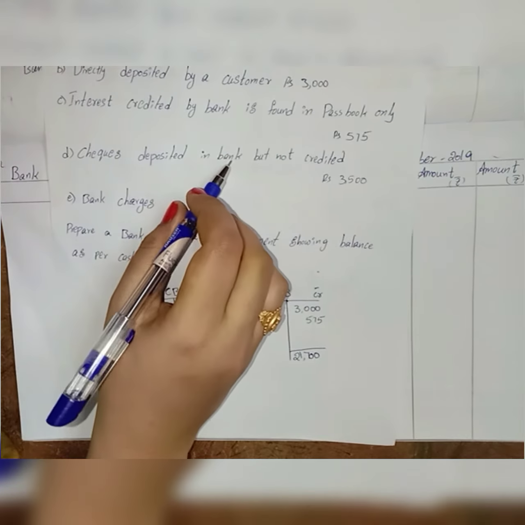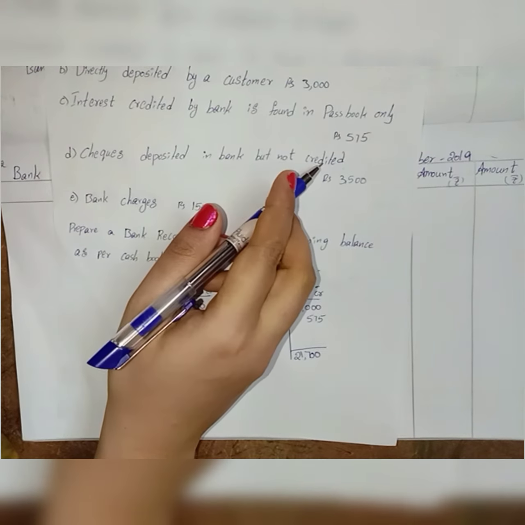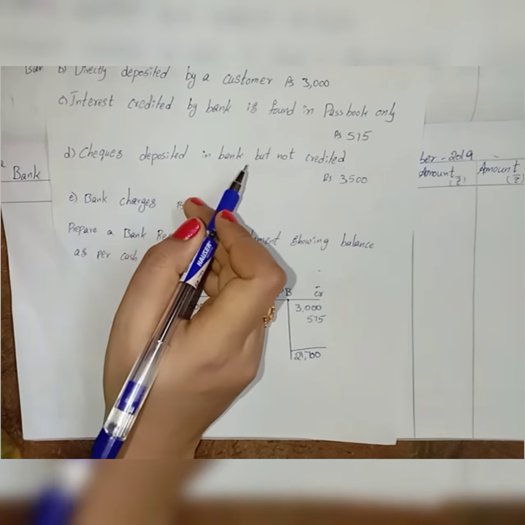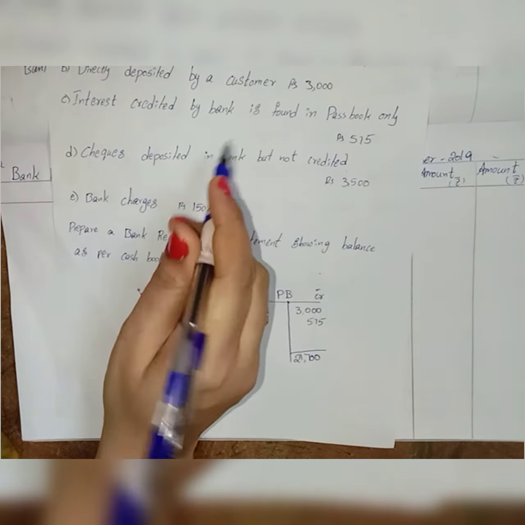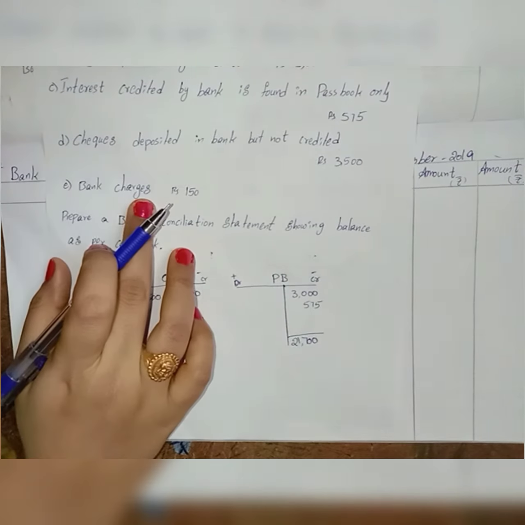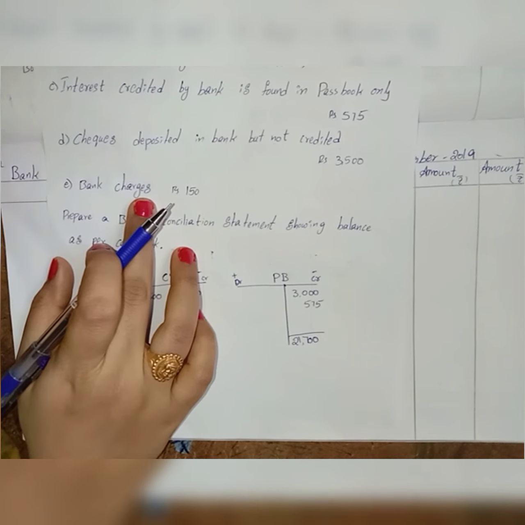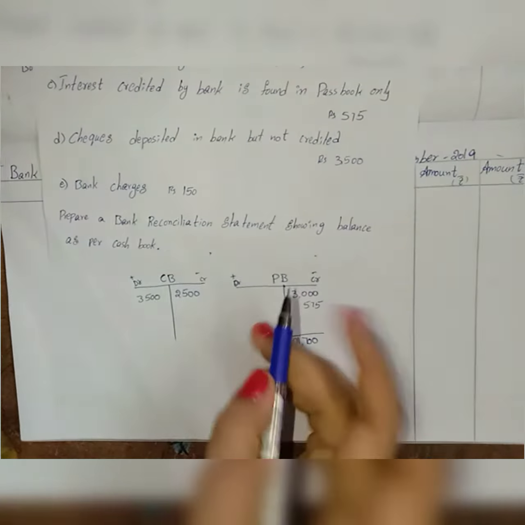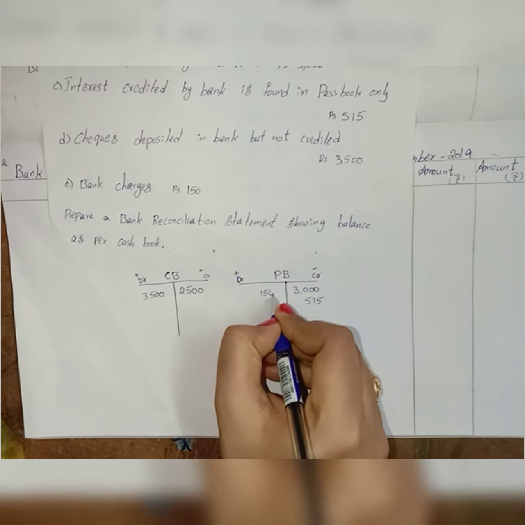Check deposited in bank but not credited. Not credited, that means we have to debit it, 3,500 in the debit side of the cash book. Bank charges: whatever we have paid through bank, it is debit. Bank charges 150 in the debit column of the passbook.